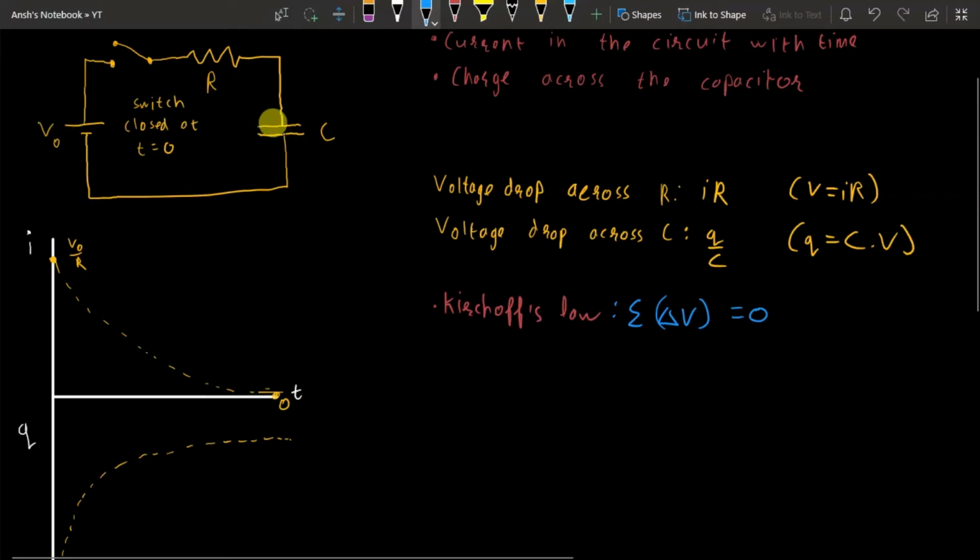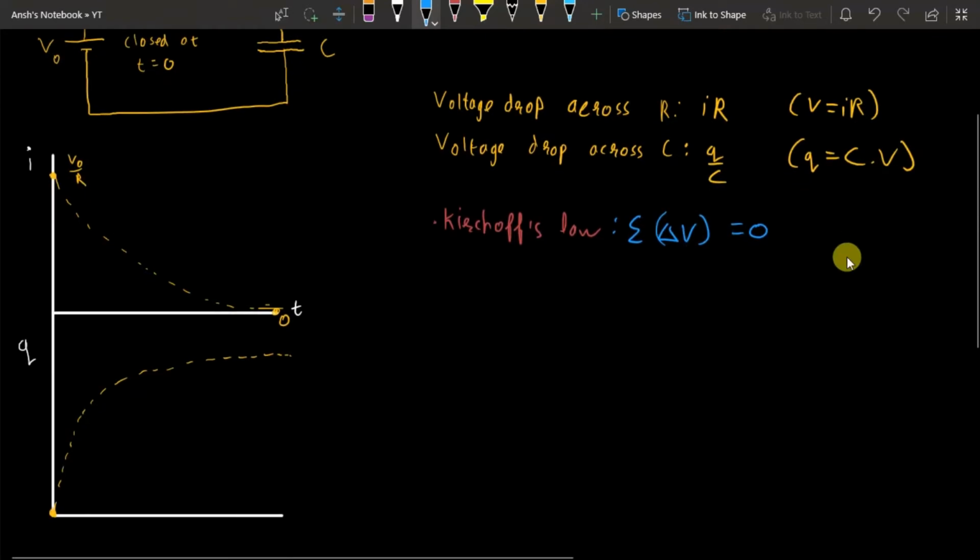Since we know the potential difference across the capacitor, we can use Q equals CV and determine that the maximum charge stored across the capacitor is equal to C into V naught.